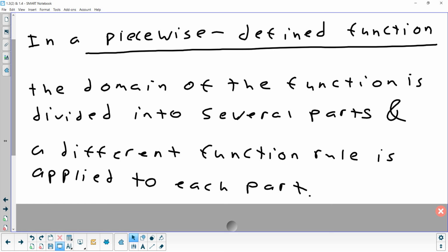That's all it is. And what you basically do is you say, okay, for certain values of x, you're going to use this formula. For other values of x, you're going to use this formula.